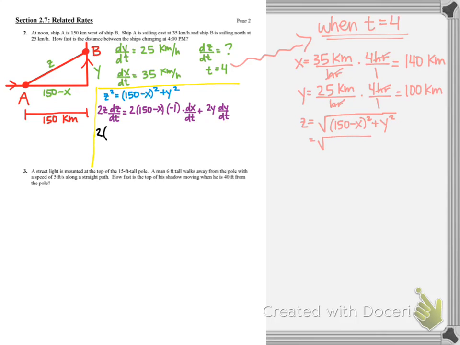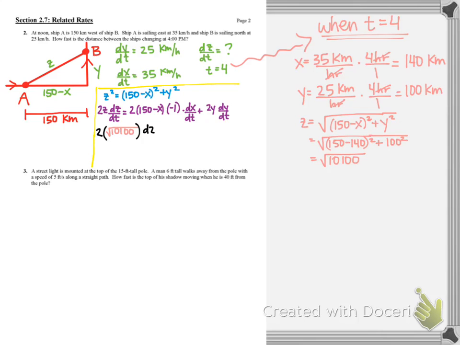I will take the values of x and y and plug in so that I can find what z is at 4 o'clock. I get the square root of 10,100. That is my z value. So I will plug that in as my z value.